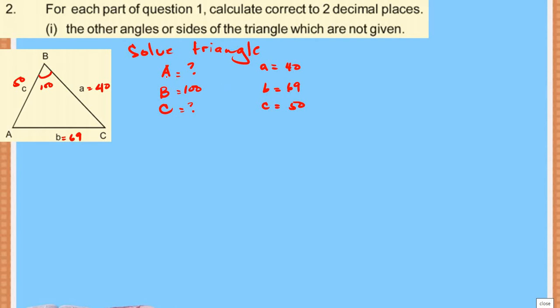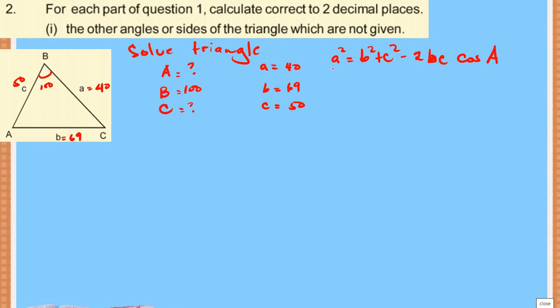Let's say, for example, we are solving for A, we can use the cosine law. If that is A, then this would be A squared is equal to B squared plus C squared minus 2BC cosine A. That is the cosine law. We may use this and solve for angle A.